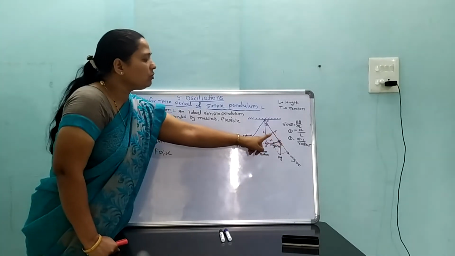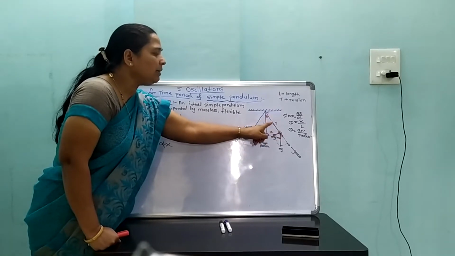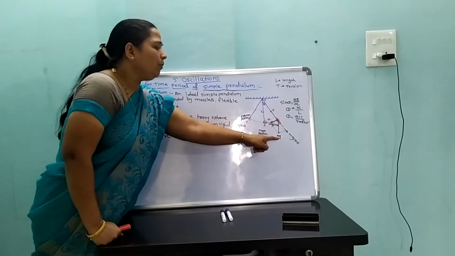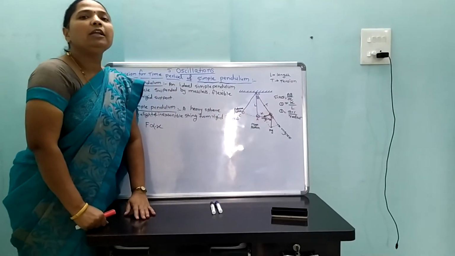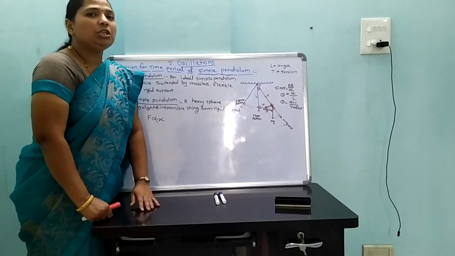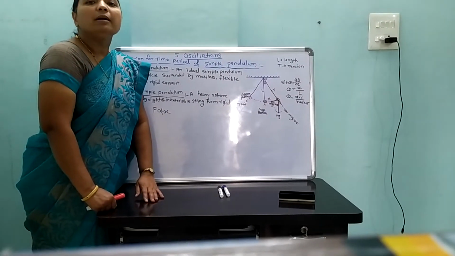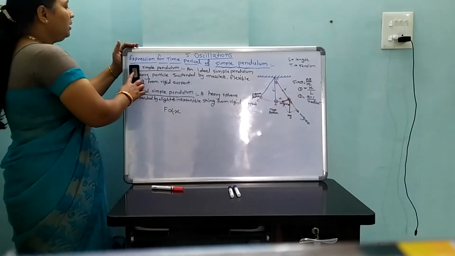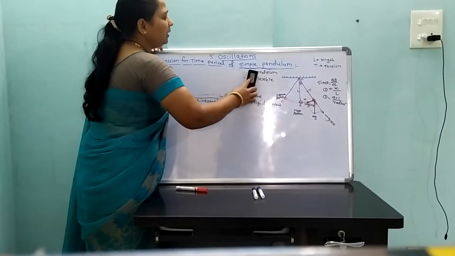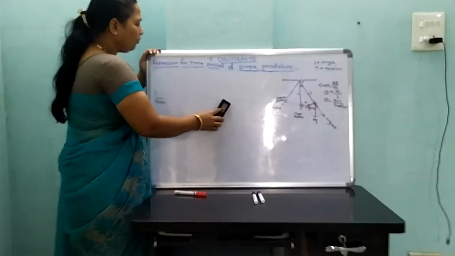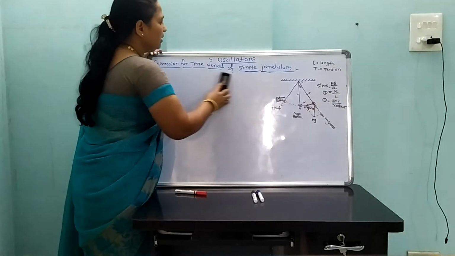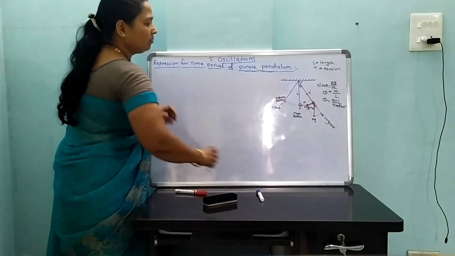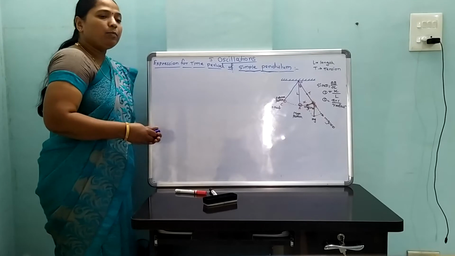The first is the tension T along the string, and the second is the weight of the bob, Mg, in the vertically downward direction. Then we calculate the period of the simple pendulum.